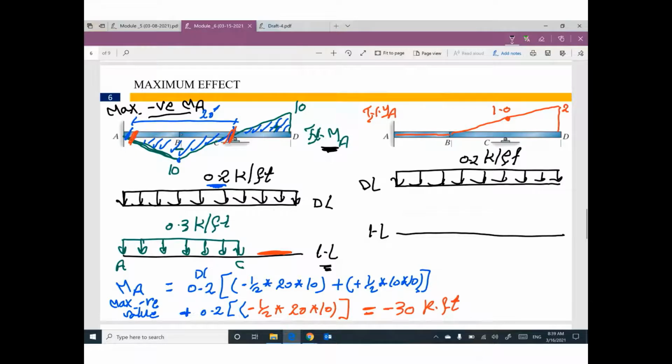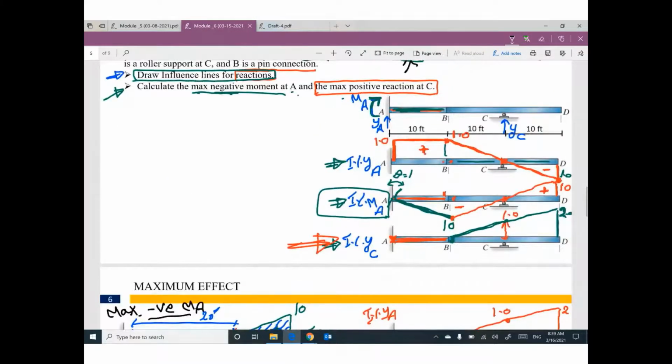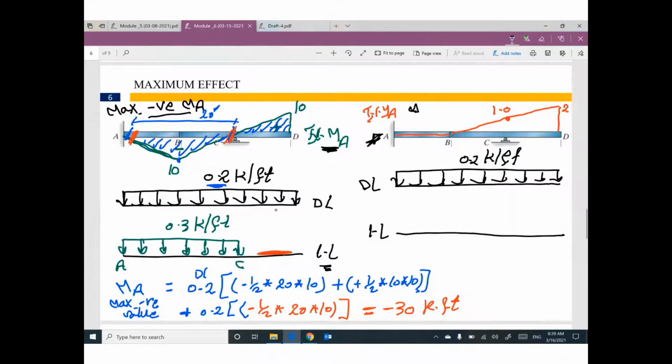For live load, we need to look at the diagram. We are looking for maximum positive. We have this diagram which is positive, so I will put the live load only under the positive diagram, 0.3 kip per foot.